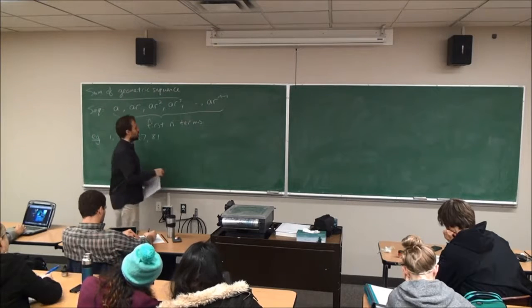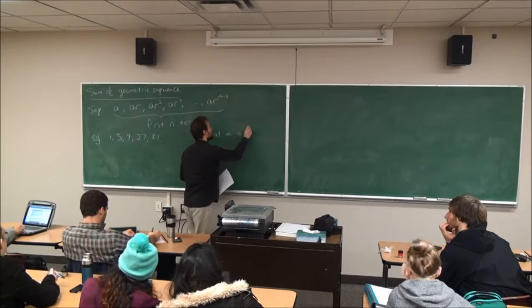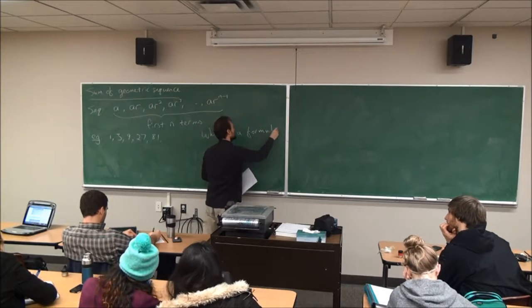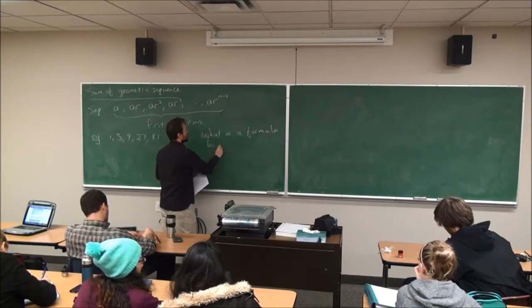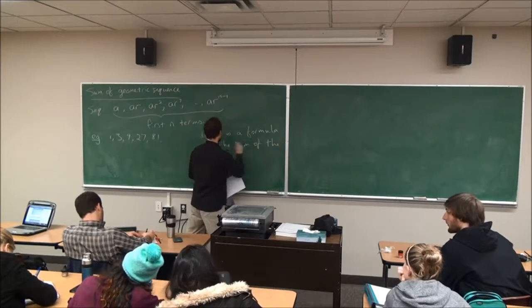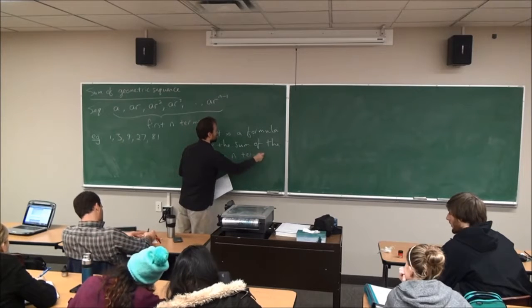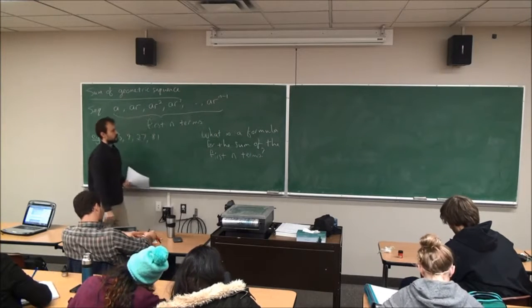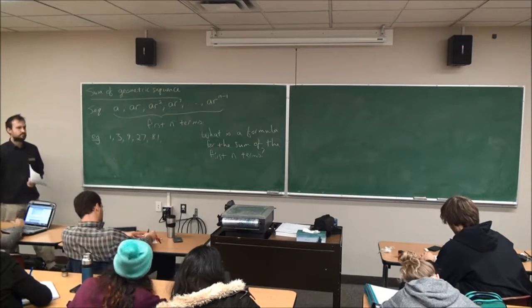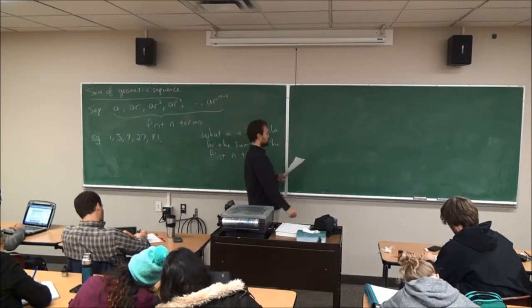So I want to know, what is the formula for the sum of the first n terms in my sequence? And the reason I'm doing this is going to come out. We need this formula in 10 minutes or so.